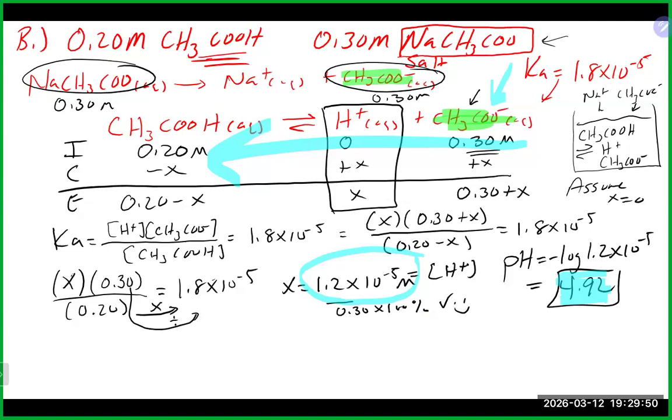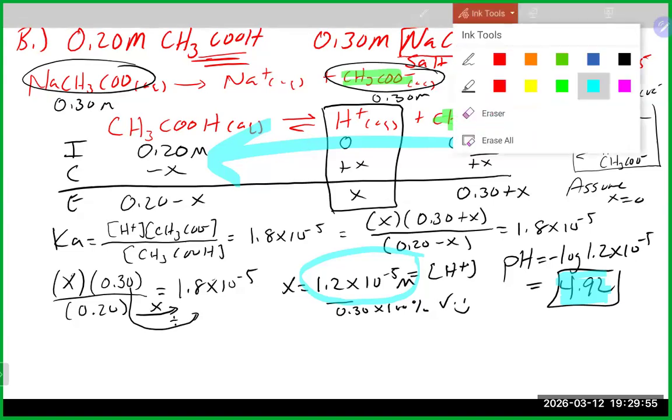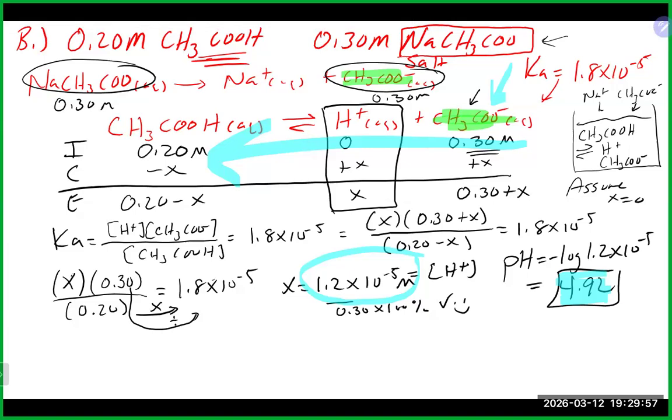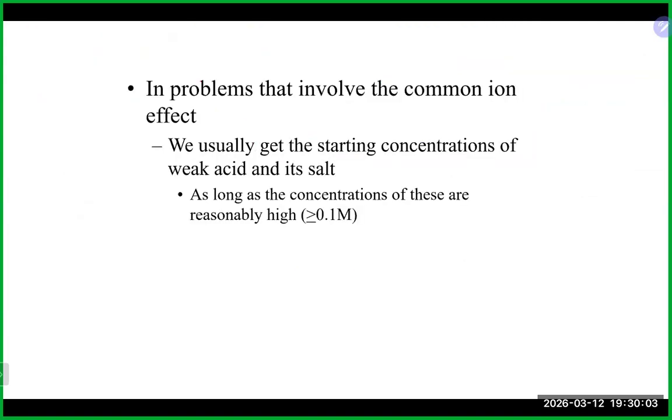So common ions, as we will talk about here in a second, are essentially what is happening in buffer situations. And when you have a common ion situation, or really a buffer situation, a couple of things commonly happen.